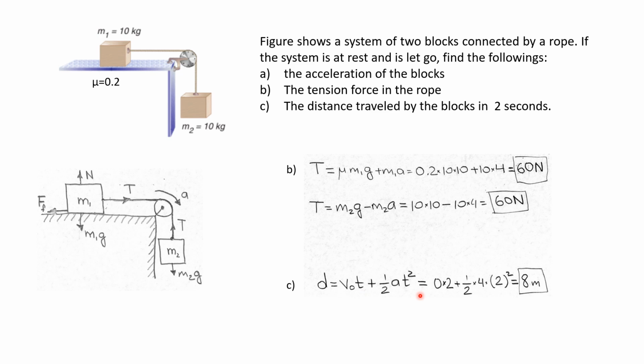So the initial velocity is 0, the acceleration is 4, and the time is 2 seconds, and the distance traveled by the blocks within those 2 seconds should be 8 meters. And that's the answer for part C. And that's the question.